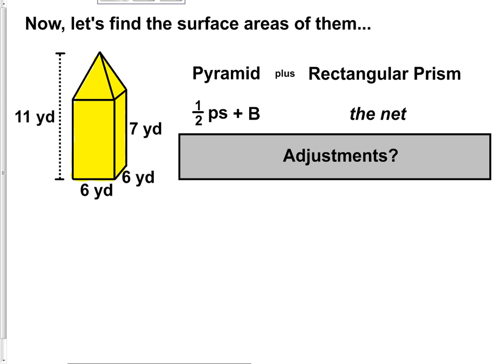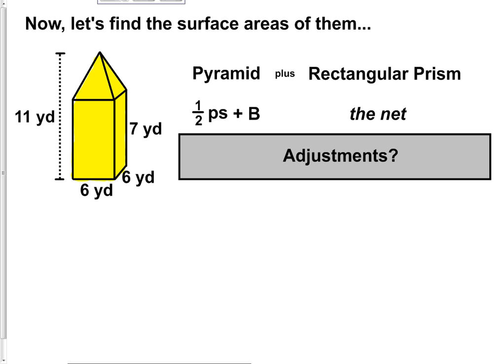Its base is a consideration for the formula, but its base is not actually exposed to the exterior of the solid. So we would not actually want to consider the base of the pyramid as far as surface area is concerned, because it's not on the surface.